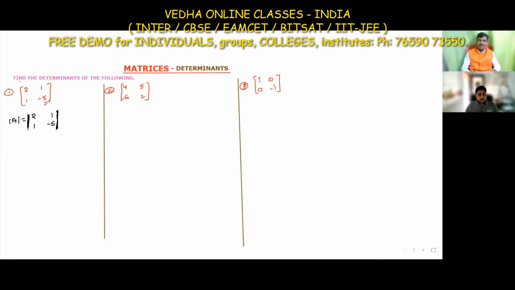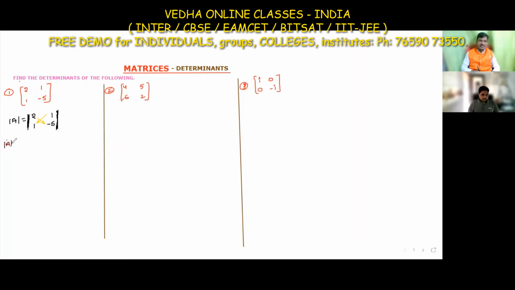Whenever we are finding the determinant, we multiply AD minus BC, means multiply these two, minus, multiply these two, product of. So what is the formula? Once I'll explain to you the concept.